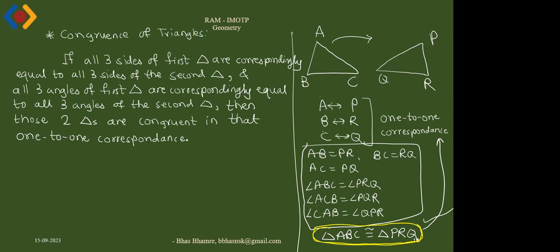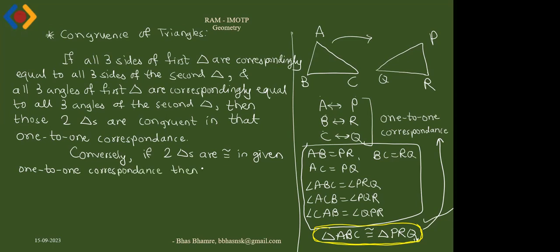And its converse is that. Conversely, we can say, if two triangles are congruent in a given one-to-one correspondence, then their corresponding sides are equal and corresponding angles are equal.